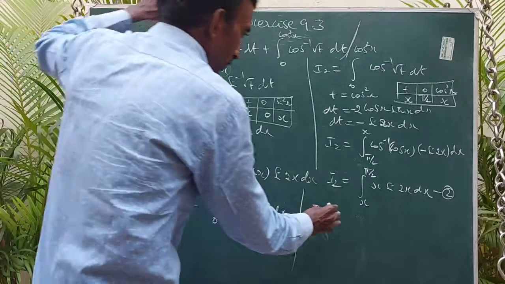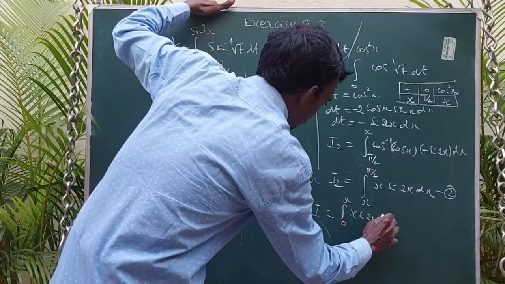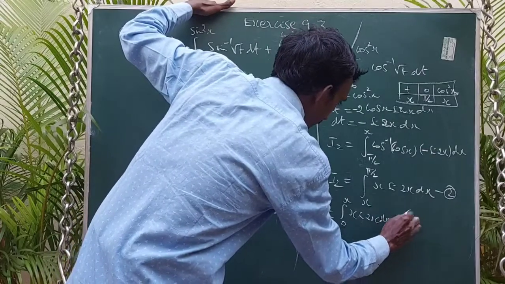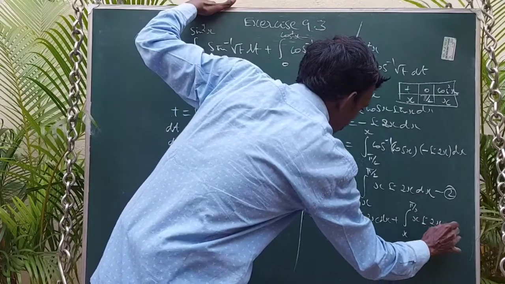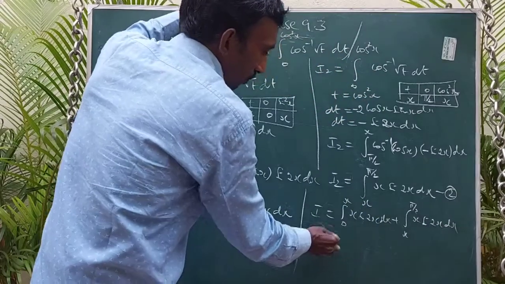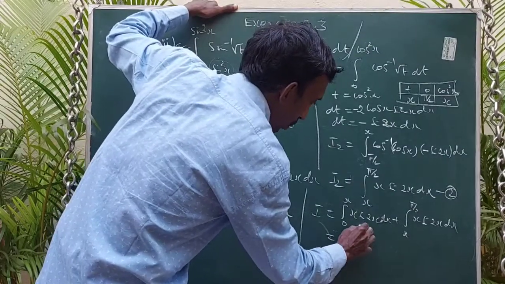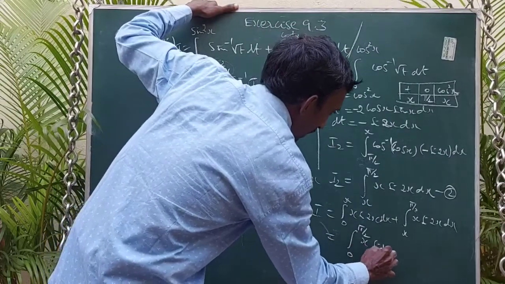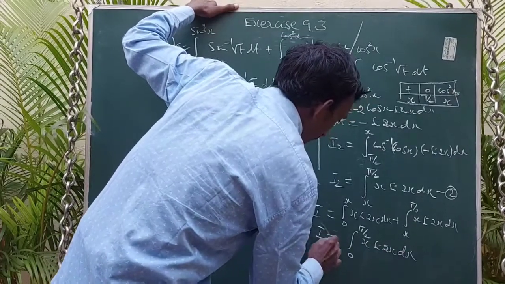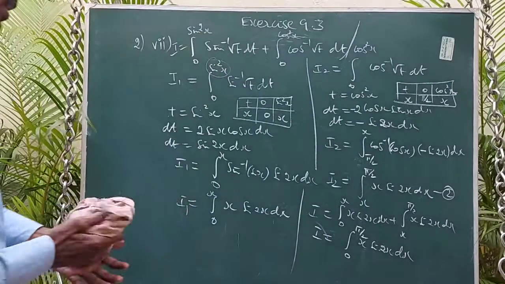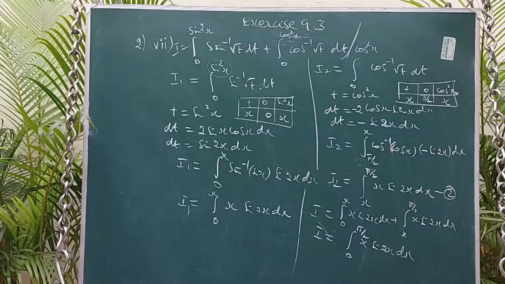So integral 0 to x of x sin 2x dx plus integral x to pi by 2 of x sin 2x dx. We can sum up into a single integral, 0 to pi by 2. So I equals integral 0 to pi by 2 of x sin 2x dx.